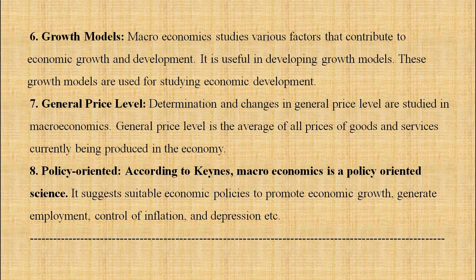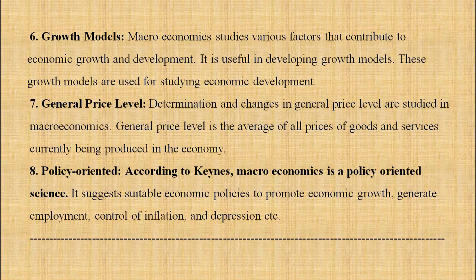Next, policy oriented. According to Keynes, macroeconomics is a policy oriented science. This can be asked as multiple choice or true or false. It suggests suitable economic policies to promote economic growth, generate employment, control inflation and depression, etc. Once we get to know which causes are responsible for poverty, then we can find out the measures to remove poverty from our country.